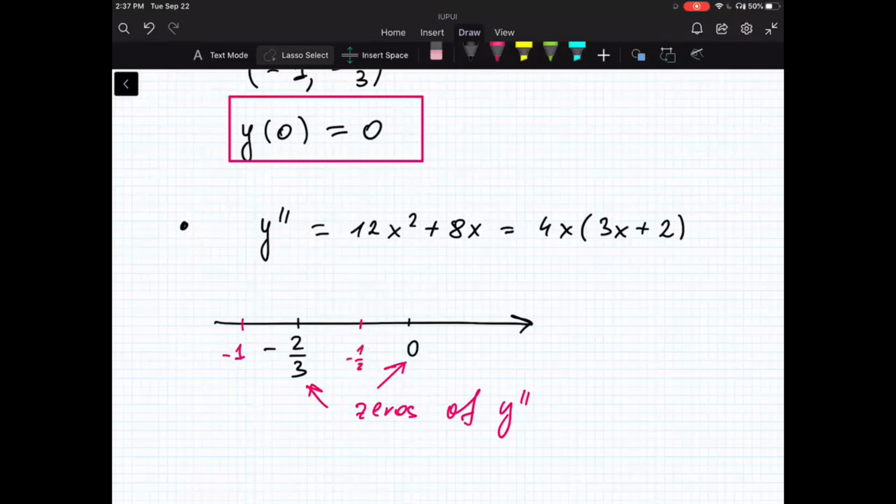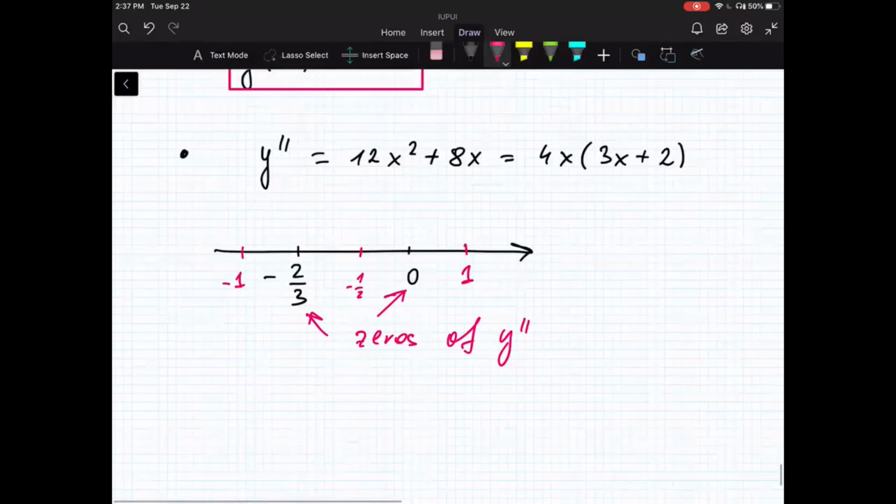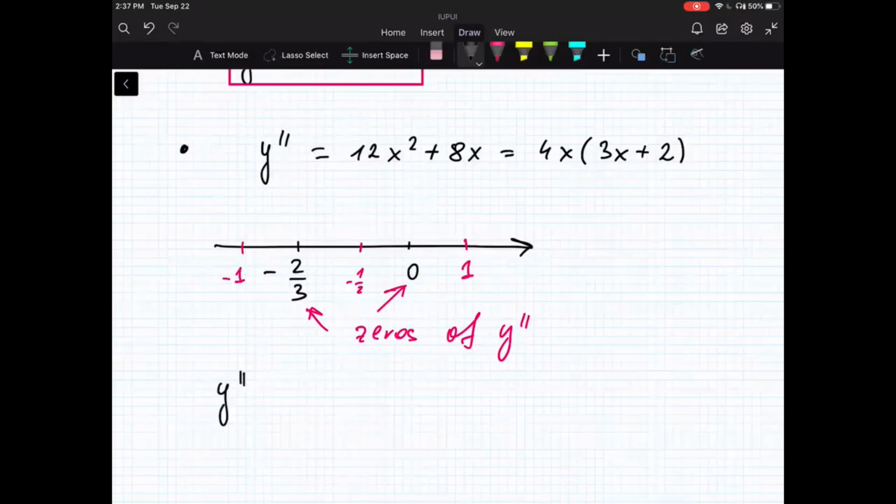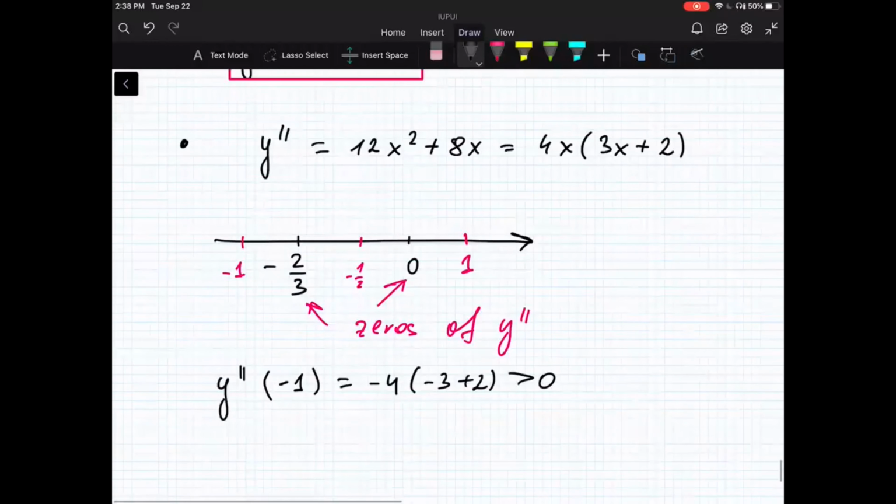And here I will choose, say, test point 1. So y double prime at point -1 will be -4 times -3 plus 2, which is positive.